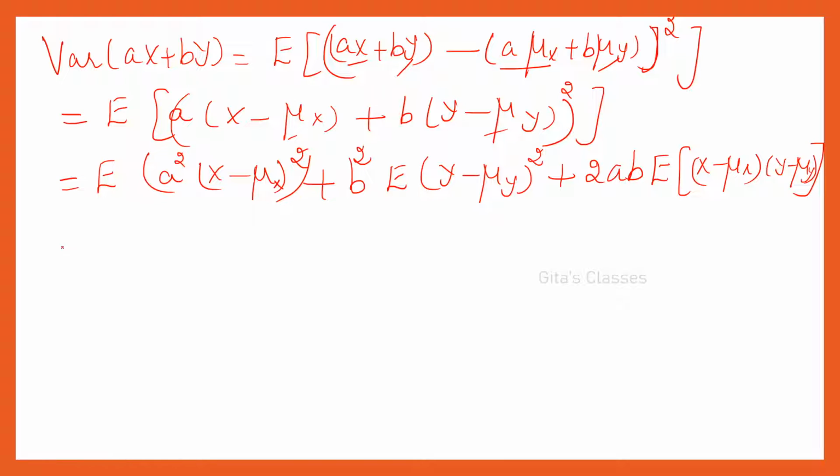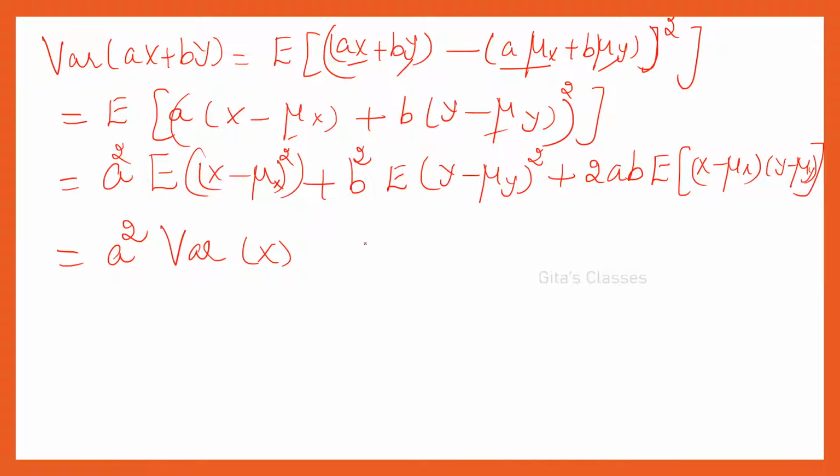What about this one? A squared can be taken outside now. So a squared into expectation of this. What is this expectation of (x minus mu) the whole squared? Variance of x.